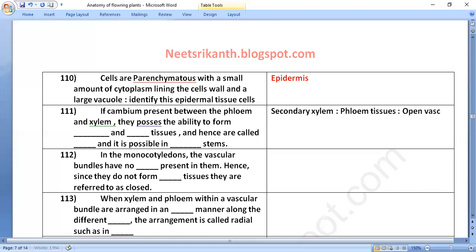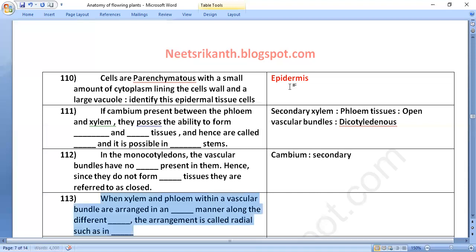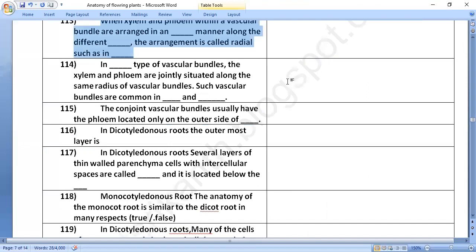This is possible in dicotyledonous stems. In the monocotyledons, the vascular bundles have no cambium present in them. Hence, since they do not form secondary tissues, they are referred to as closed.